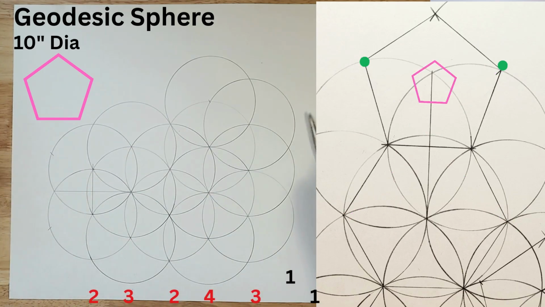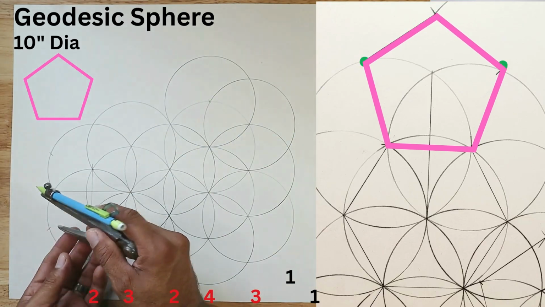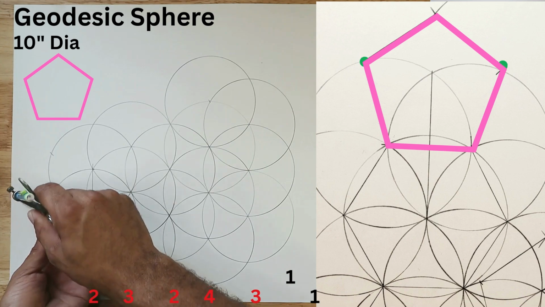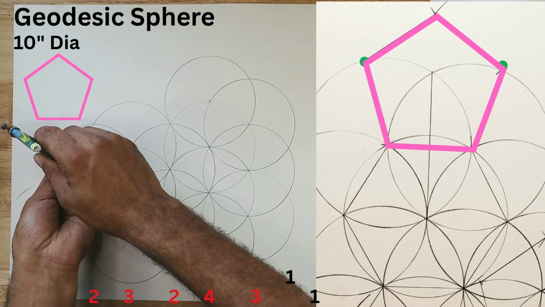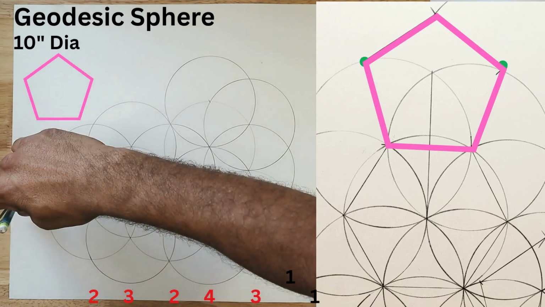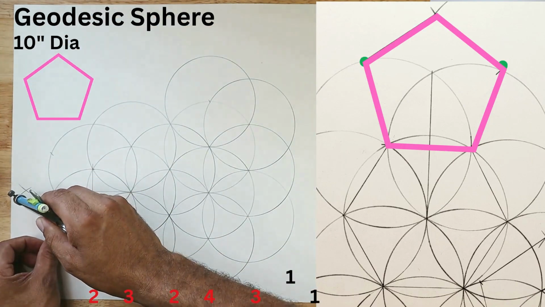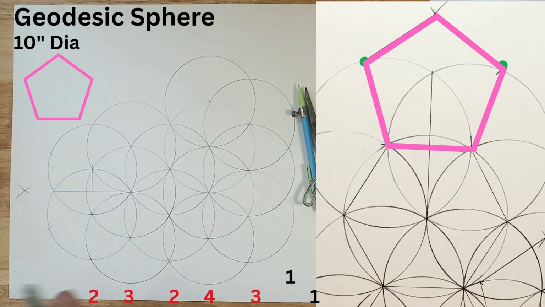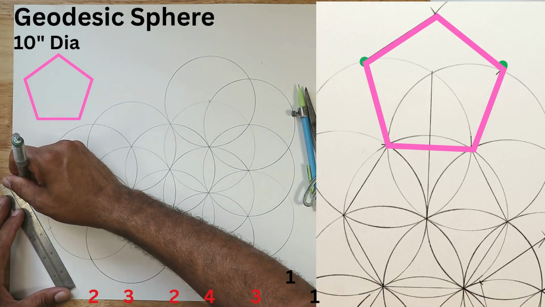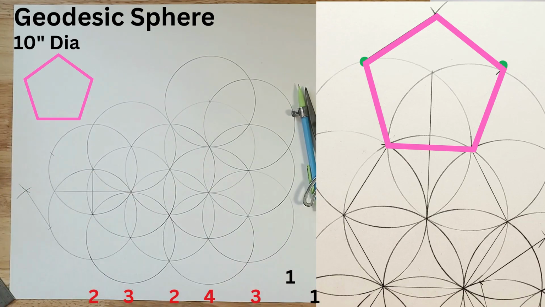Okay, now you're going to take the compass in the same position that you used to make your circles, put your sharp point right here on this arc, and then do an arc like so. Do the same thing on this opposite end, crisscross the previous arc if you can see it, and that is your 5 points to make your pentagon. I'm gonna actually make this with the pen.